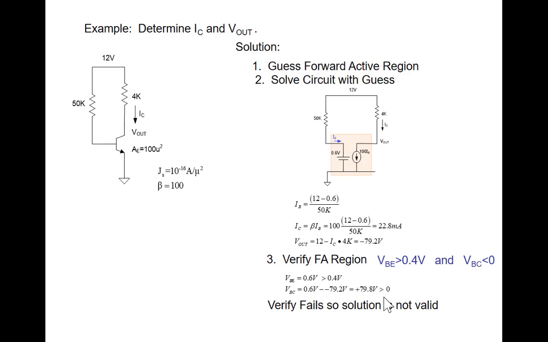Oh, times 100 times the base current. So it's 22.8 milliamps. And what's this current here? 2.95 milliamps. So 2.95 milliamps is less than 22.8 milliamps, so we verify. So the output is 0.2 volts. Any questions so far? Play the same games we did for the MOS devices to analyze the circuit, right?